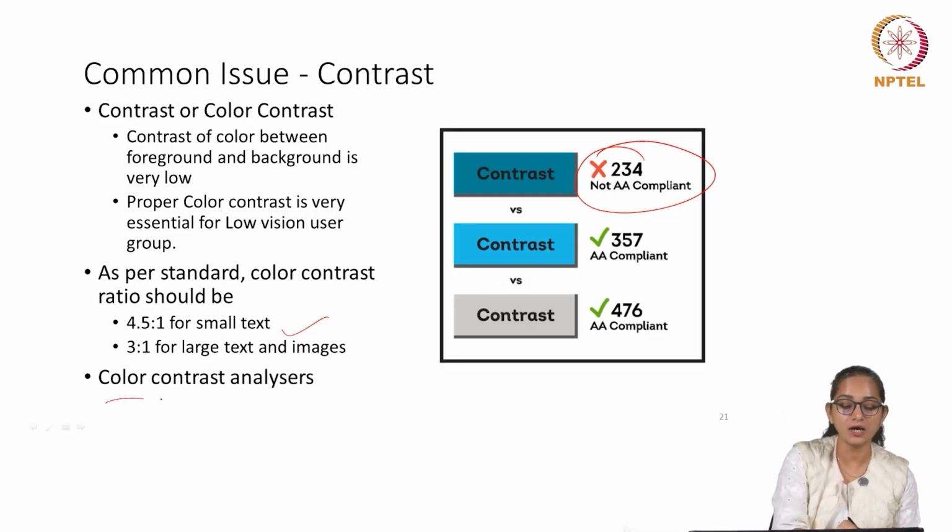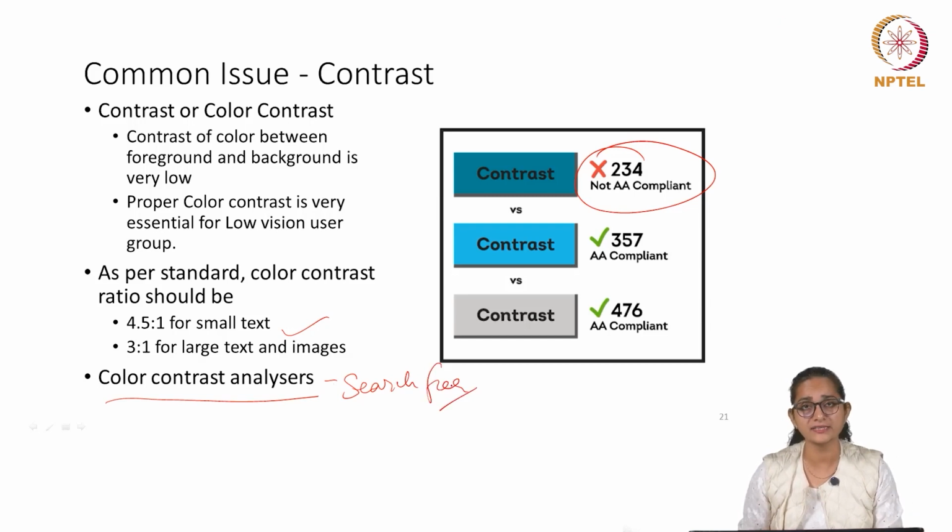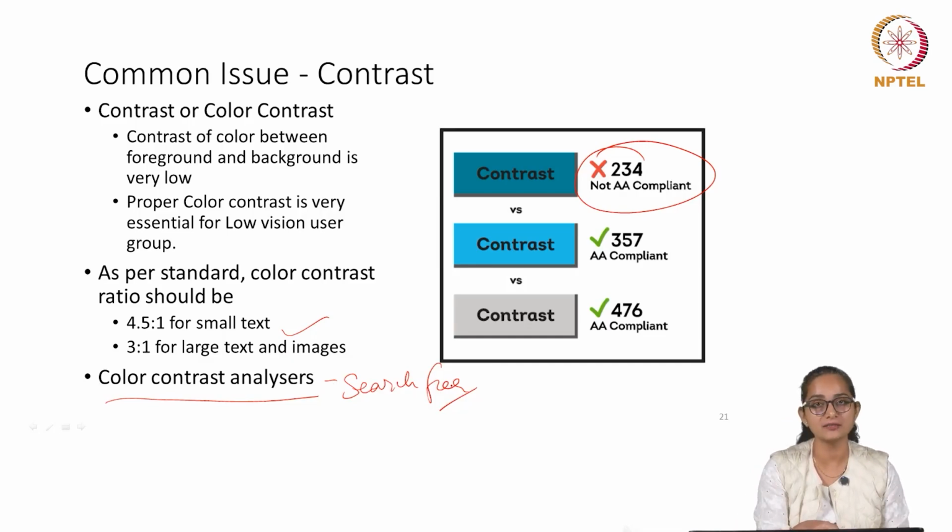And there are also other color contrast analyzers which you can search for. You can just type color contrast analyzers for web accessibility or digital accessibility in your search engine, and it will show you, because these kinds of analyzers, as I said again, are evolving and a lot of AI based tools are coming up.